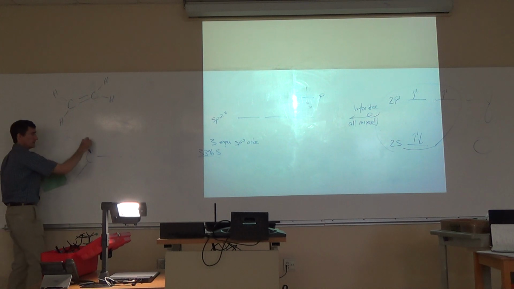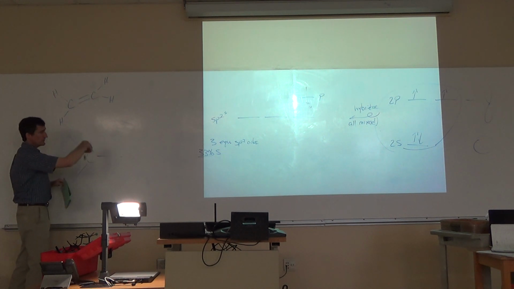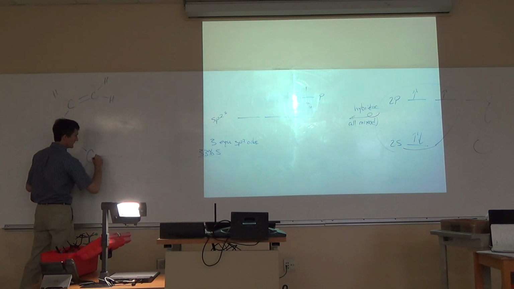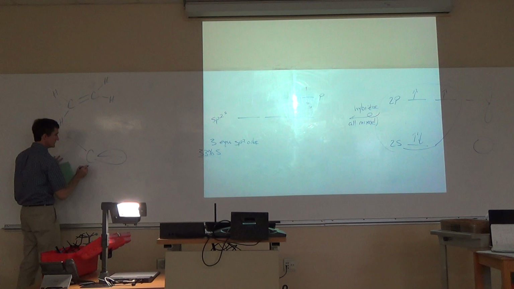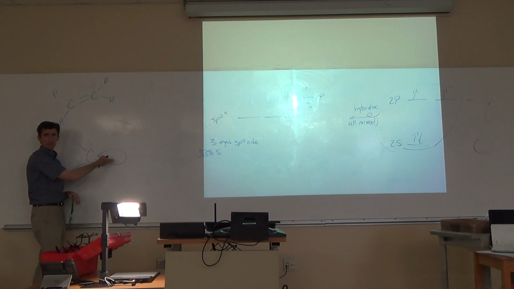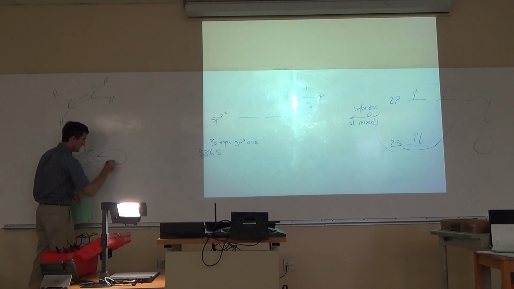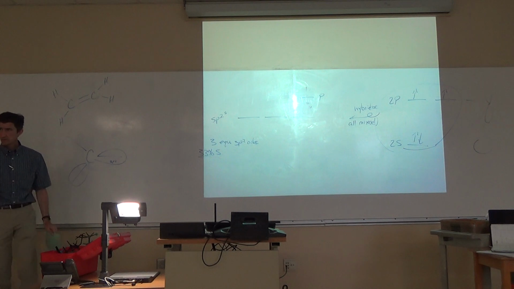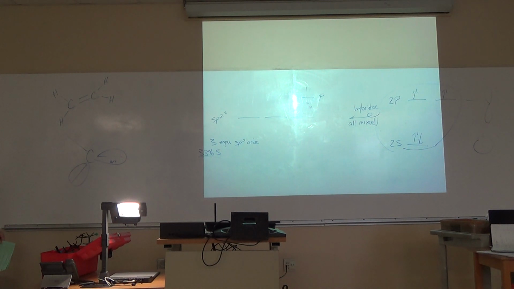And what's the bond angle here? 120, 120, 120, for a total of 360. All in the plane. Okay, but let's put the orbitals here. Three hybrids. Here. Here. Not drawing back lobes. This probably looks just like the sp3, but now they're sp2s. We know that they're actually shorter than the sp3s.